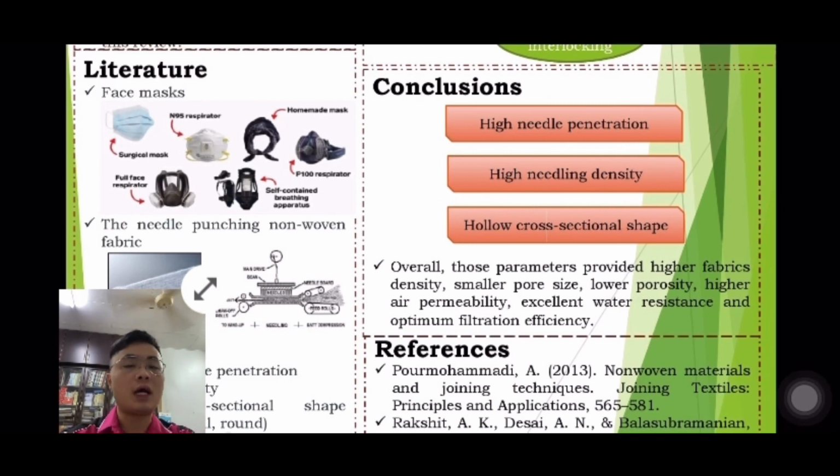However, the filtration efficiency of the non-woven fabric will drop slightly when the fabric thickness decreases, and the air permeability of the non-woven fabric will drop when the needle penetration increases. But other than that, overall, the fabric performance is good and suitable to be used for face mask production by following these machine parameters and fiber cross-sectional shape.